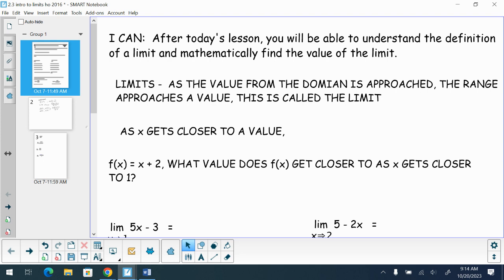As the value from the domain is approached, the range approaches a value, this is called the limit.